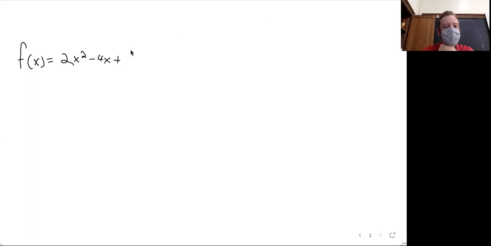Actually, not plus 7, plus 1. So just like the last example, I want to start by finding A, B, and C. In this case, A is equal to +2. B is equal to -4. And C is equal to +1.